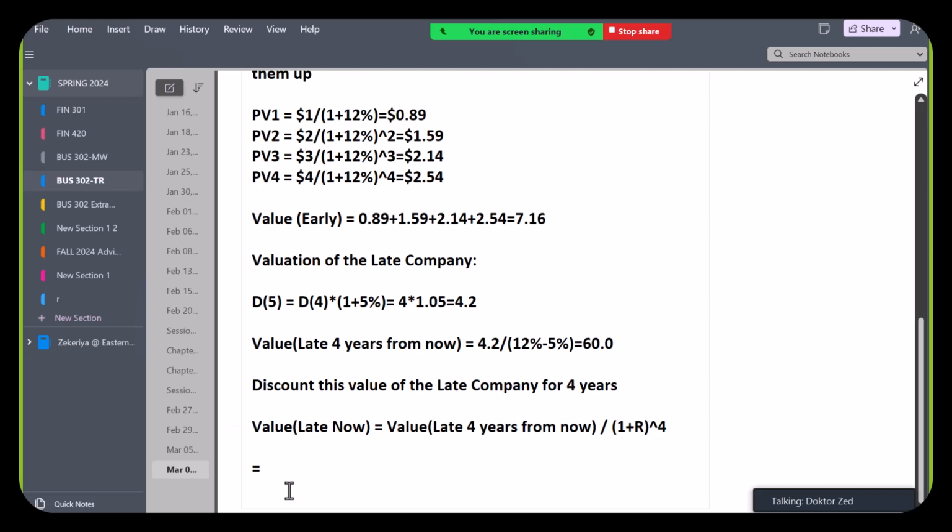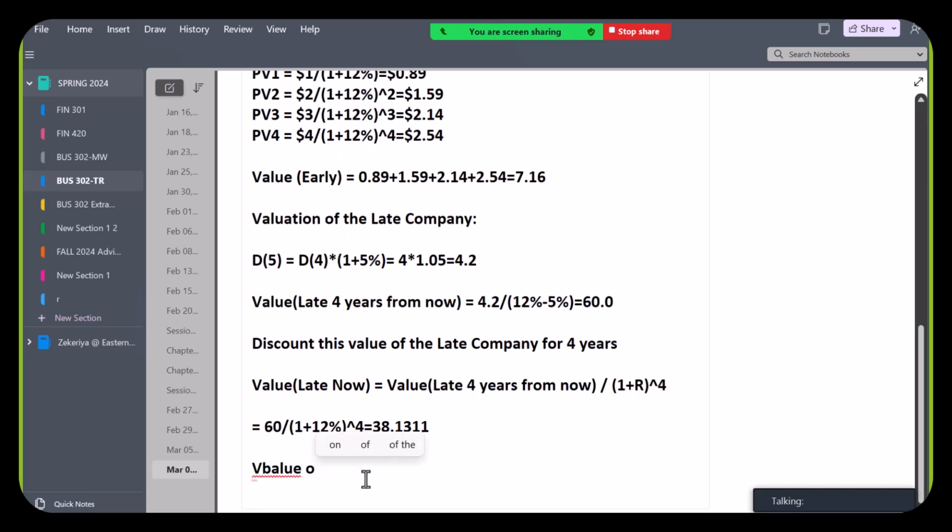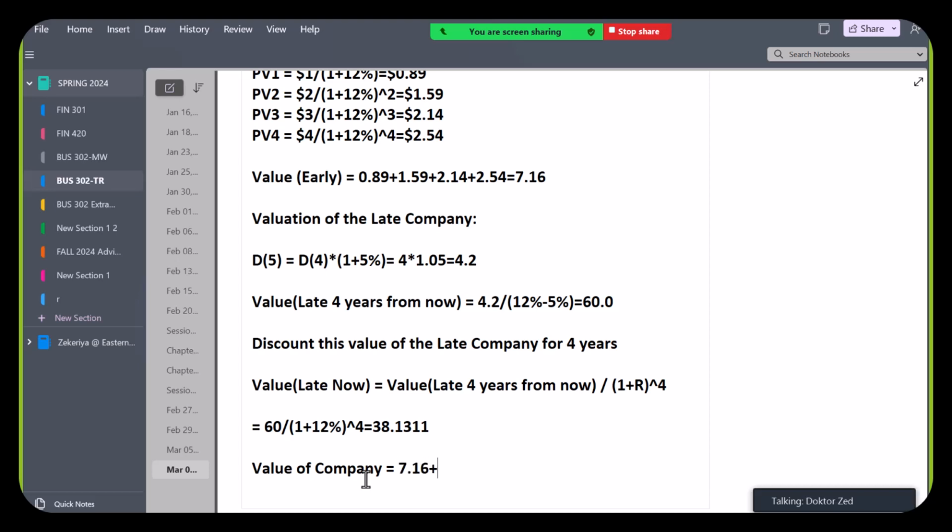And so that would be 60 divided by 1 plus 12% raised to the power 4. 38.13. Okay. Hence, value of company is equal to 7.16 the early company, 38.13 the late company, 45.29.